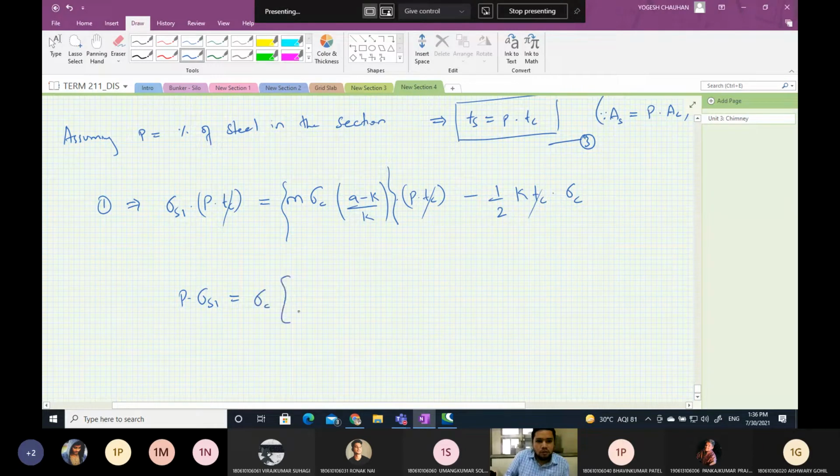So sigma C into M P, A minus K by K, minus 1 by 2 K, or simply K by 2 you can write.